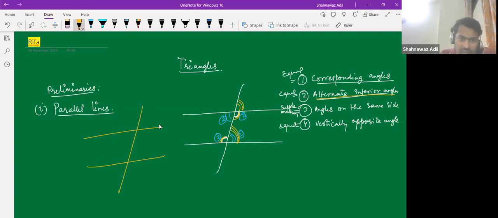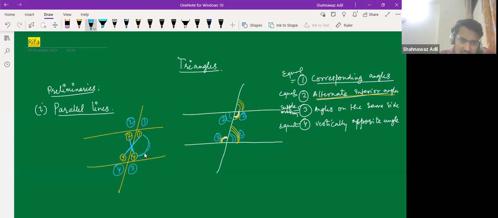Whenever we have these parallel lines and this transversal, we have 4 interior angles, and then 1, 2, 3 and 4 exterior angles, right? Angles 1 and 3 are alternate interior angles. Then 2 and 4 are alternate interior angles.